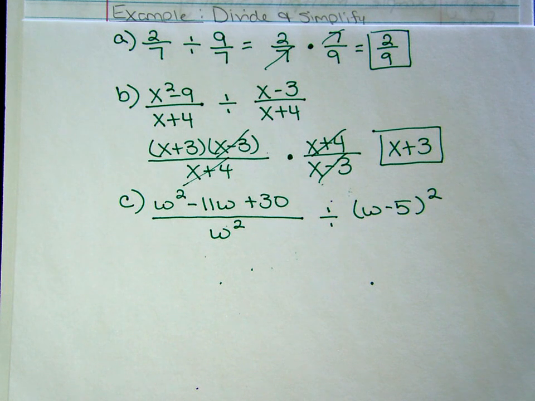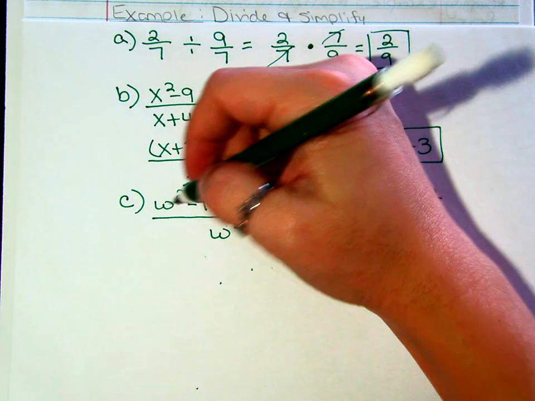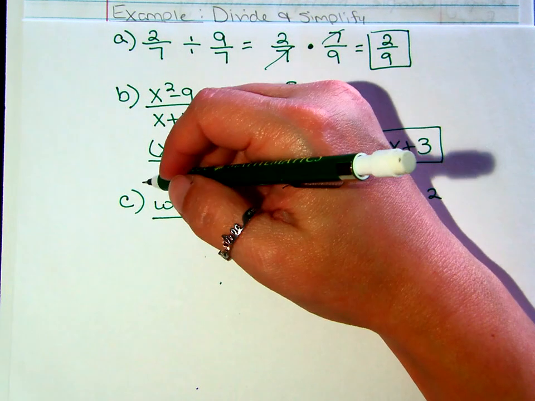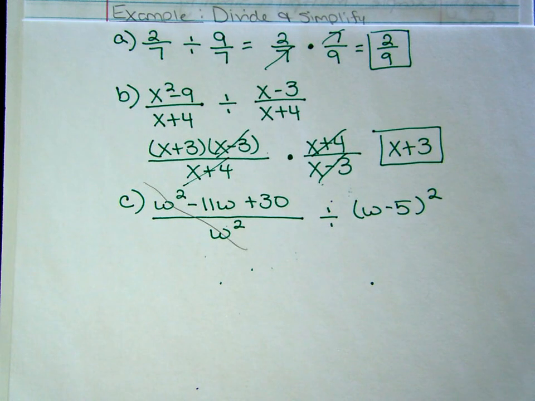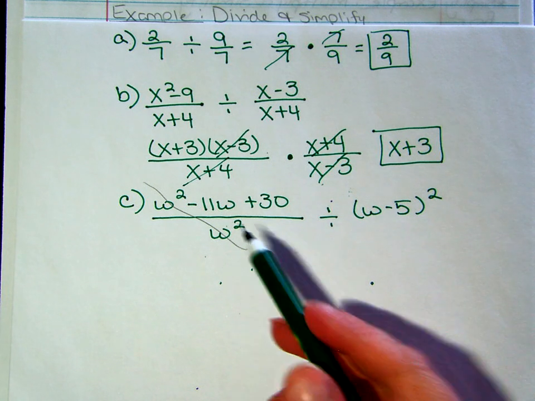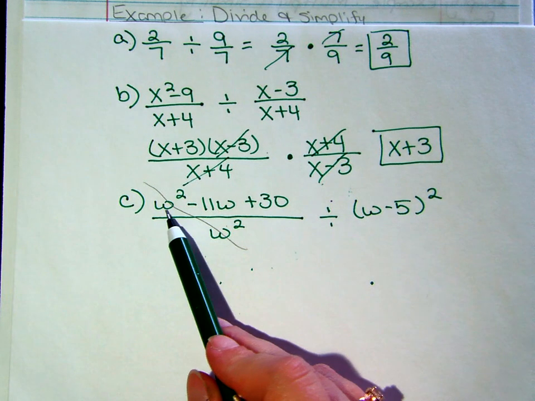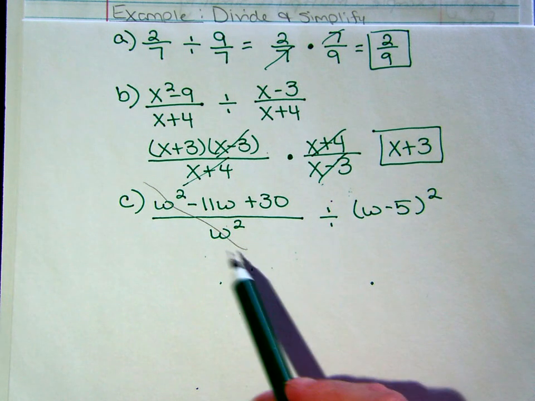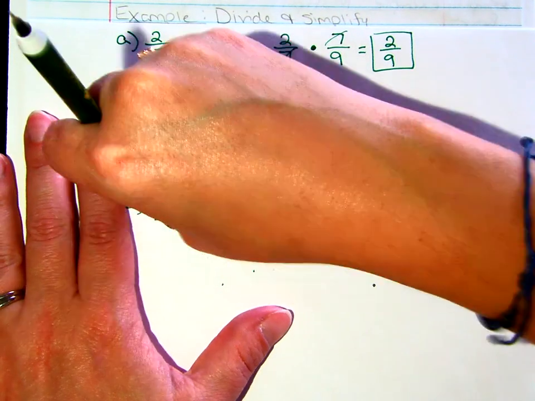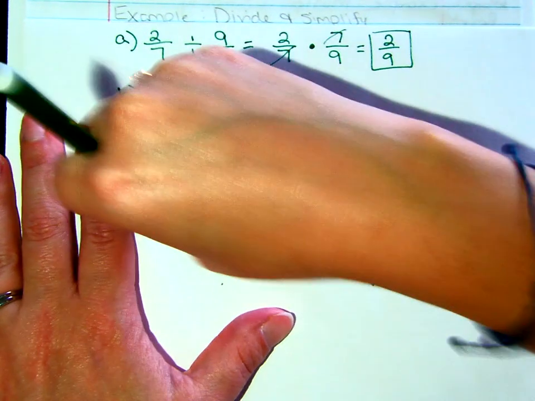There's some magic math that I've seen over the years where students are like, oh, we have a w squared on top, w squared on bottom, and they'll cancel it out just like this. You cannot do that at all. That is major magic math. We didn't factor that w squared out of all of the terms on the top, so we cannot do that. So I like to point that out. Hopefully, by showing that early, you will be less tempted to do that.